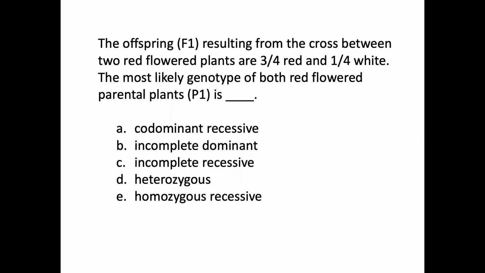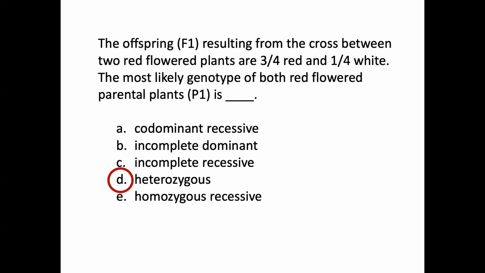Okay, how about this one? The offspring F1 resulting from the cross between 2 red flowered plants is 3/4 red and 1/4 white. The most likely genotype of both red flowered parental plants P1 is what? So the answer is D, heterozygous.